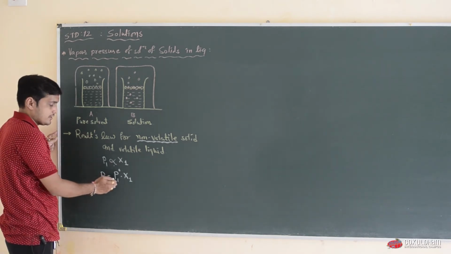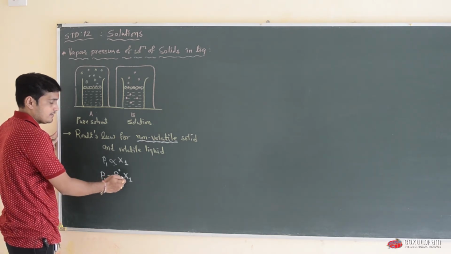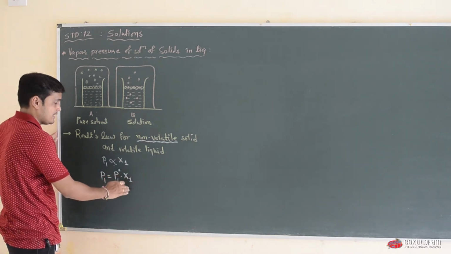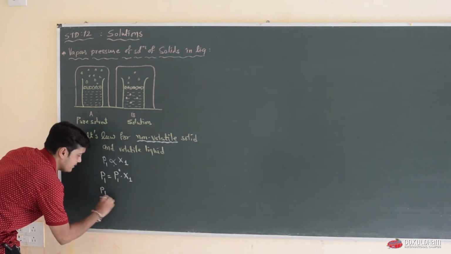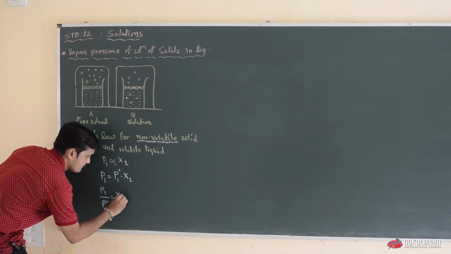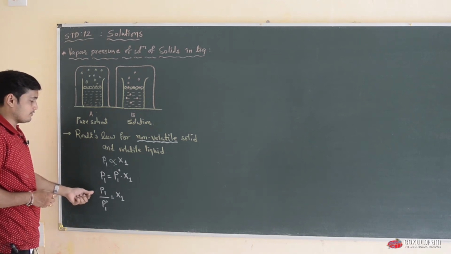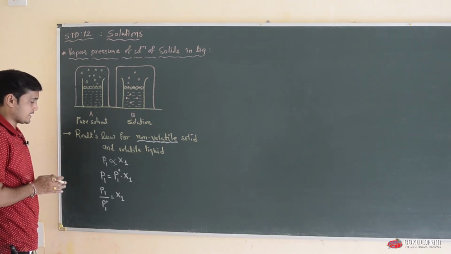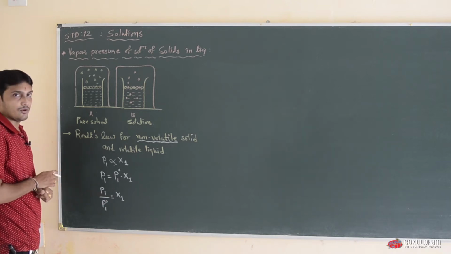Now this pressure is taken on left hand side and this x1 on right hand side. So P1 upon P1⁰ is equal to x1.